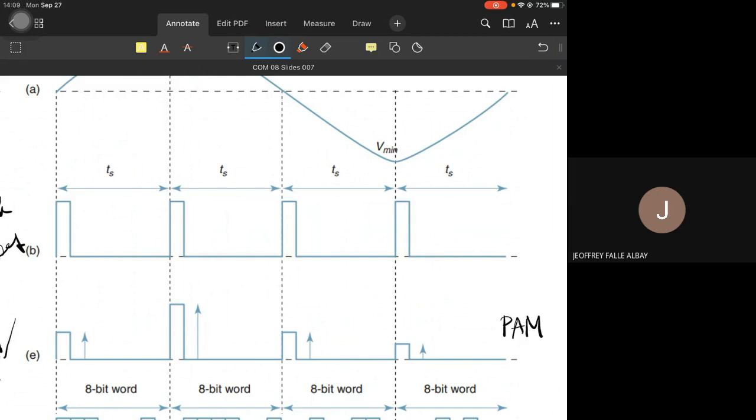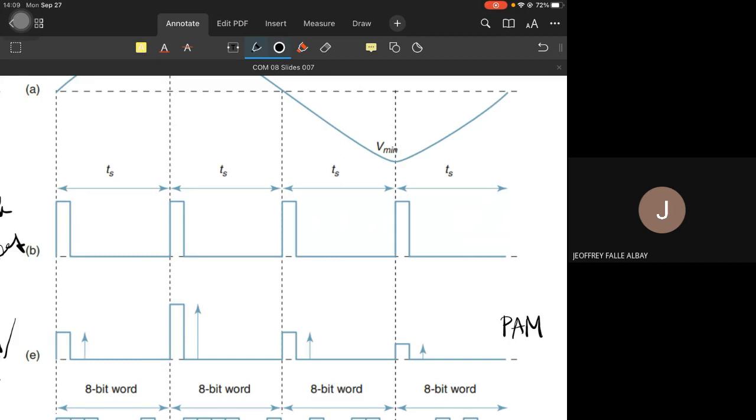Pulse amplitude modulation. So the amplitude of the output pulse is dependent on the amplitude of the analog signal. If the sample time is long, sometimes there is just a space.